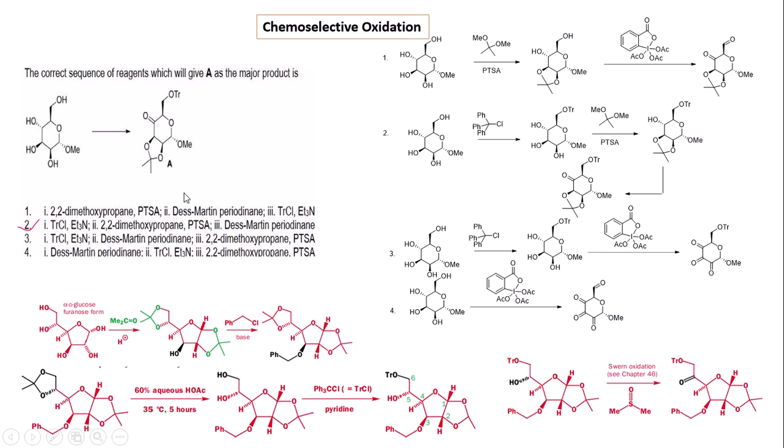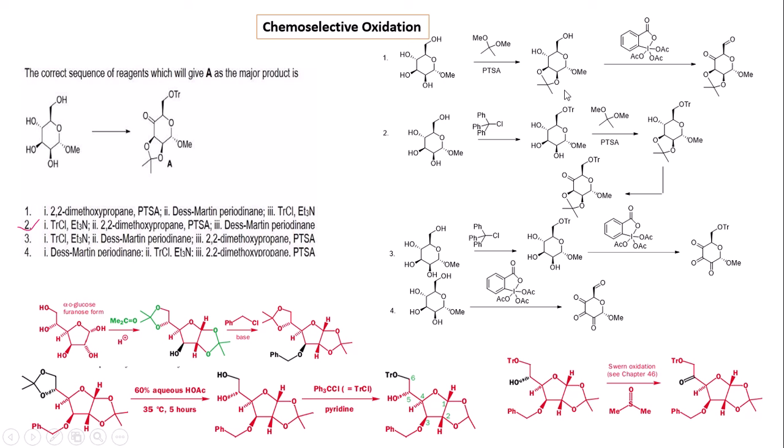This is an example of chemoselective oxidation. We know that chemoselective oxidation means a similar type of functional group is present in the molecule, but particularly we can oxidize one functional group in the presence of the other functional groups. Here para-toluene sulfonic acid in the presence of the dimethyl derivative of acetone produces the cyclic acetal, where the cis hydroxyl groups form the cyclic acetal.